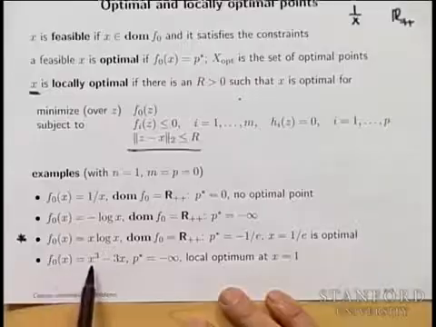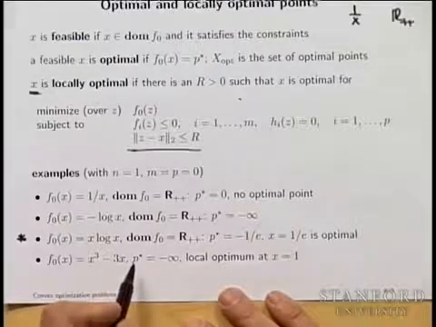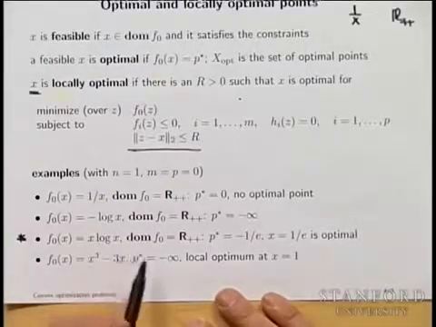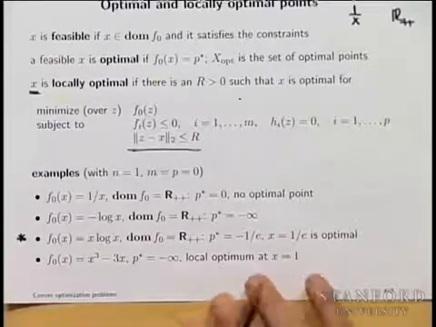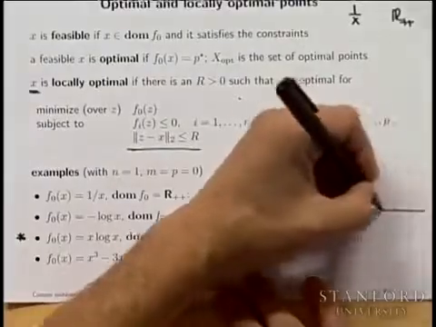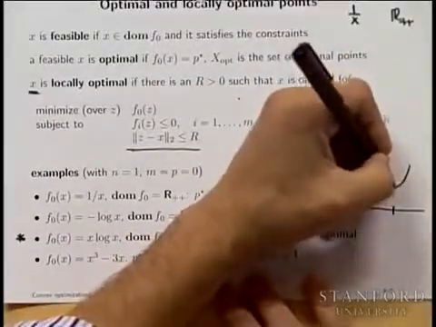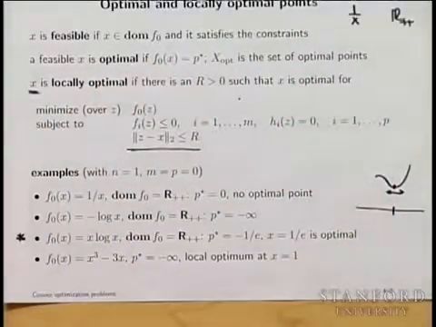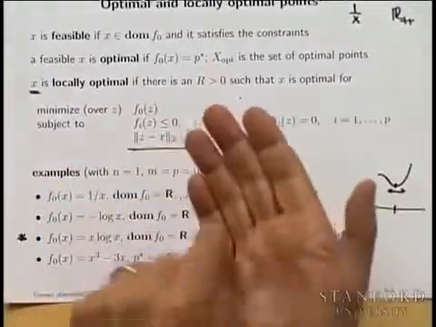If you have f0 of x equal to x cubed minus 3x, here it's unbounded below. Obviously, as x goes to minus infinity, this thing goes to minus infinity, so it's unbounded below. But you have a local optimum at x equals 1. If you take a look at this, you will find that around x equals 1 the derivative is 0, and in a little neighborhood around it, it's locally convex, and that means that as you stray from x equals 1, the objective value goes up.